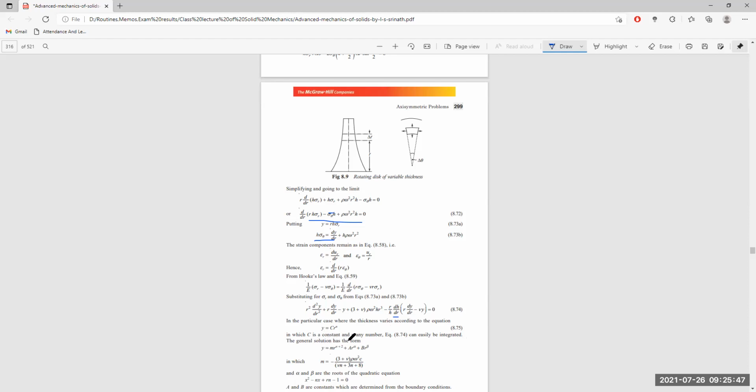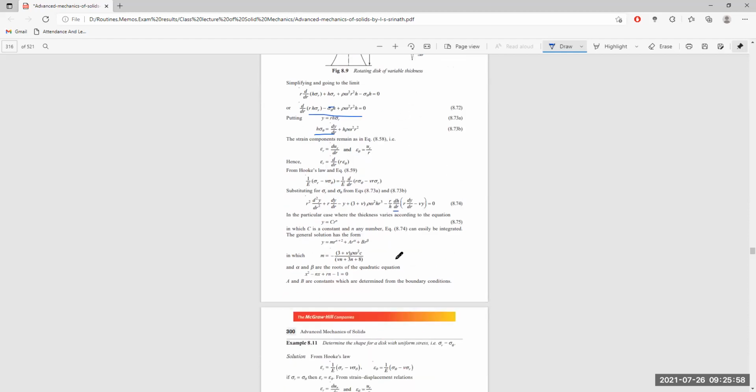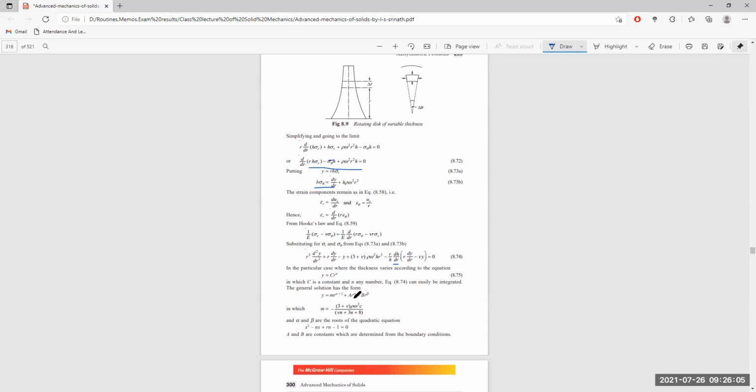This general equation has the form y is m r to the power n plus 2 plus a r to the power alpha plus b r to the power beta itself. This equation has a general form of this type.